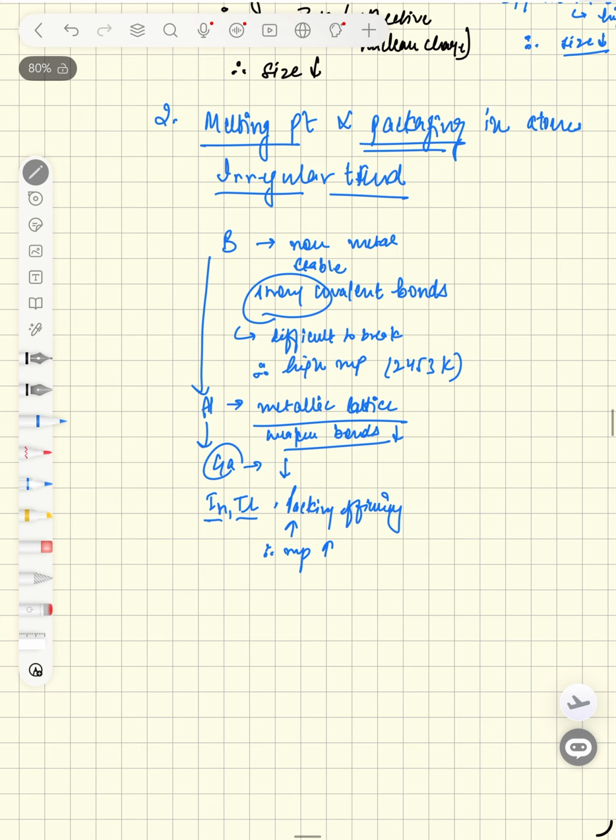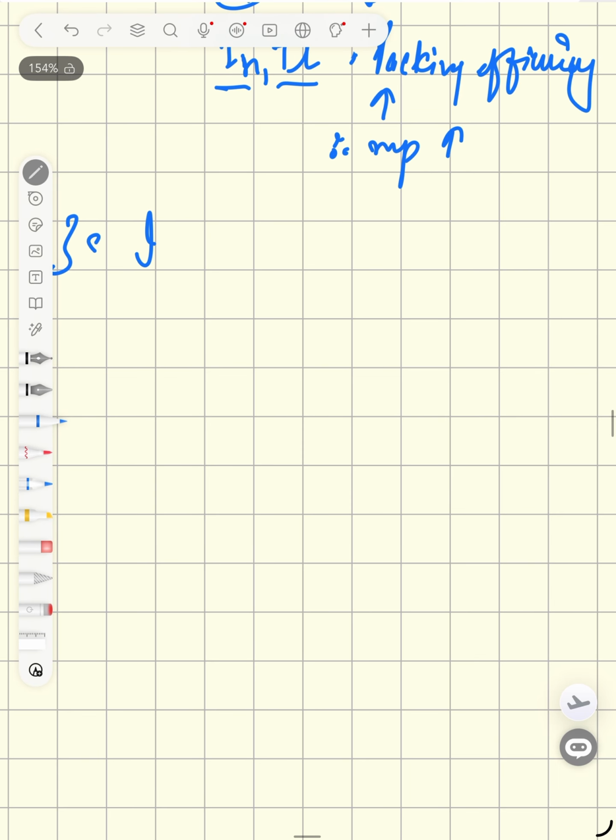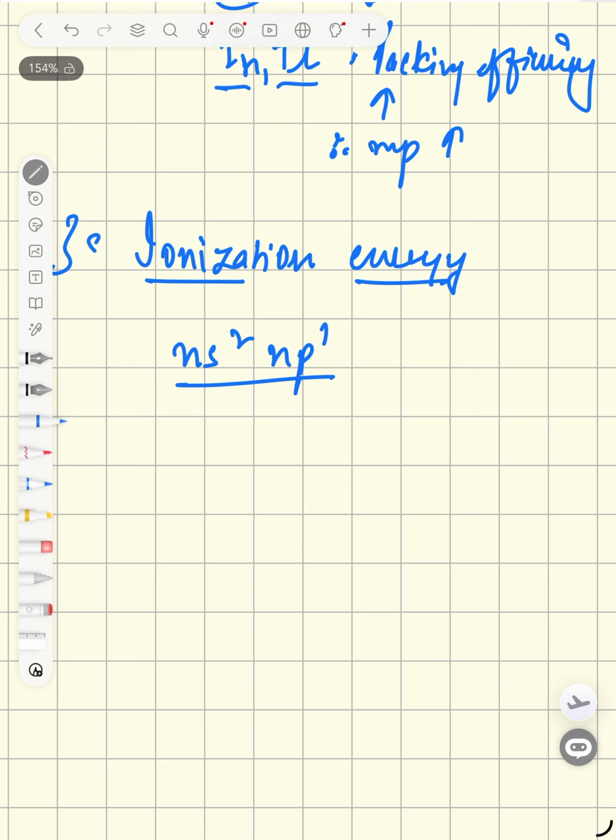The third physical property that we discuss is the ionization energy. Boron family have outer electronic configuration as ns2 np1, right?